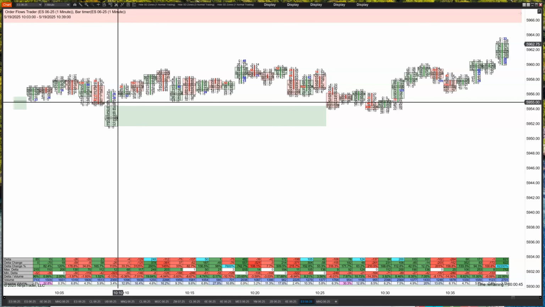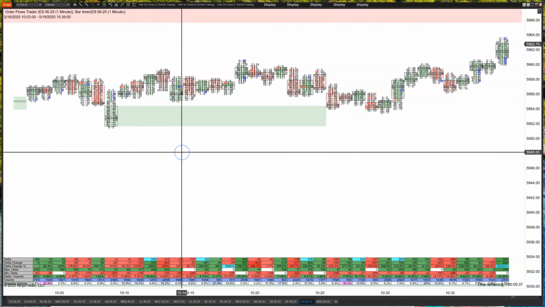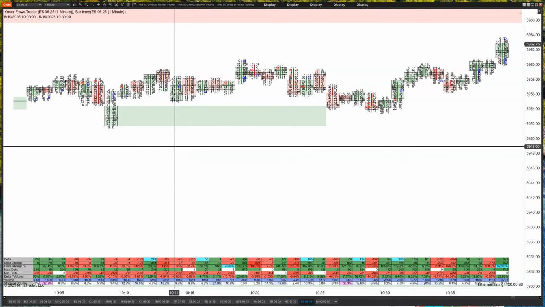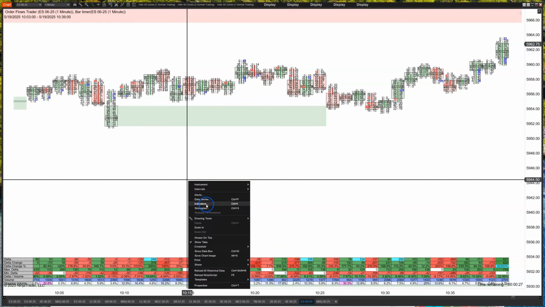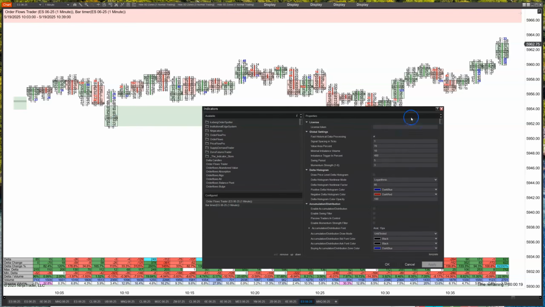Distribution is people getting a position off their book, so to speak. They're distributing their position out. Since I was able to identify those value areas that exhibit accumulation or distribution, we highlight them a different color as opposed to just the normal green or red. So on the settings, let's pull it up here.